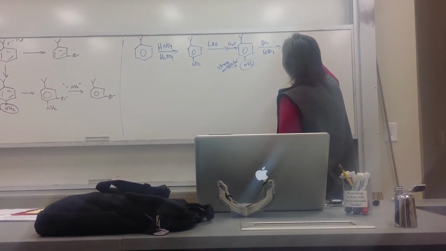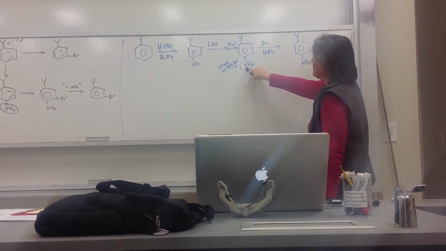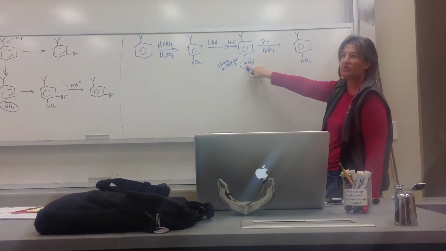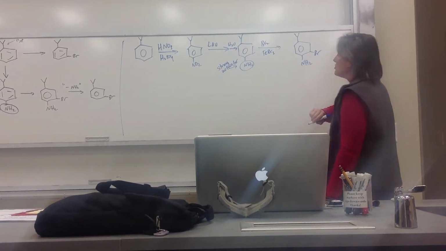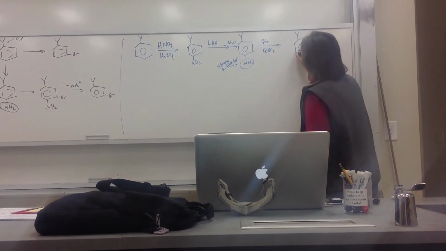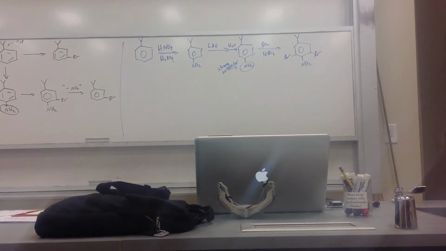I am likely to have this happen. It's going to direct ortho-para. It's the stronger activator, much stronger than the alkyl group, so it's going to drive where the reaction goes. And I will get that, which is great. And it's such a good activator, I will get that, which is not so great.